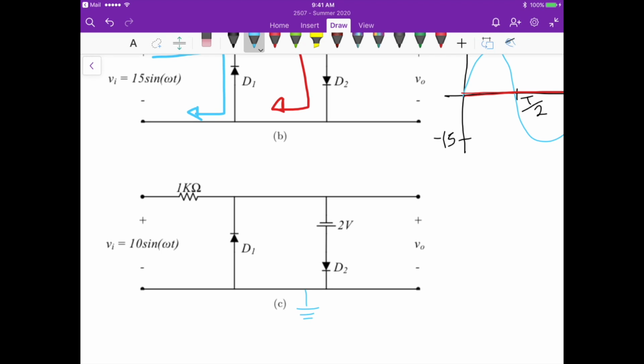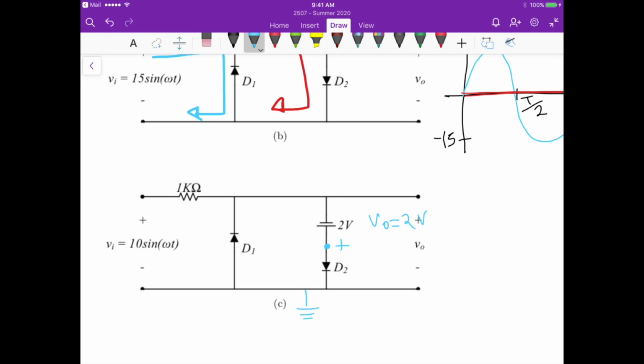It's grounded. So if this potential here is positive, this diode is conducting, and then V out is equal to 2 volts, right? Because it's just like the voltage across this 2 volt voltage source.